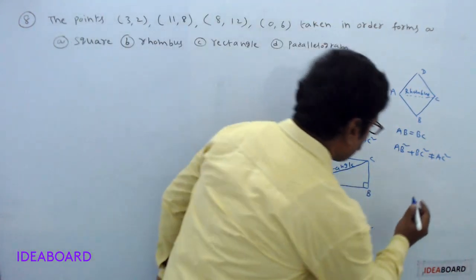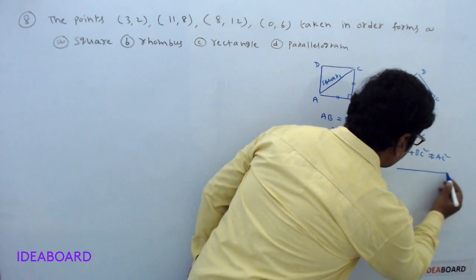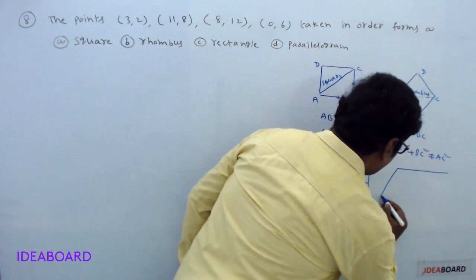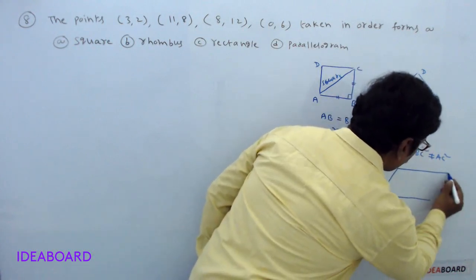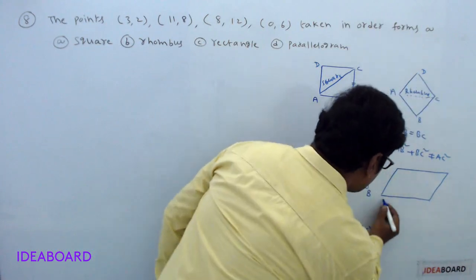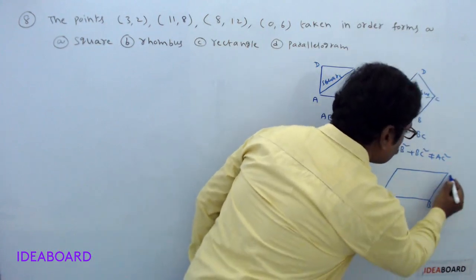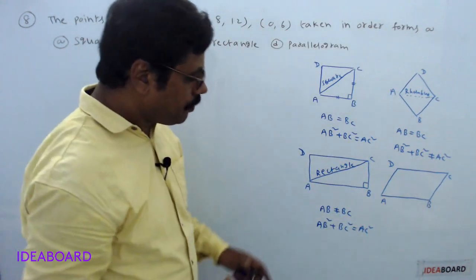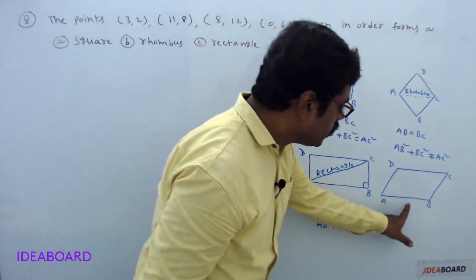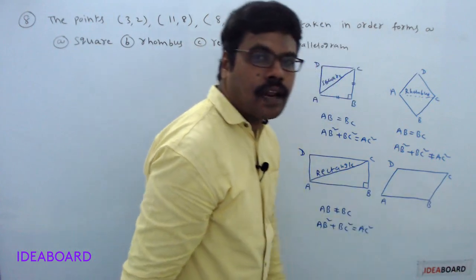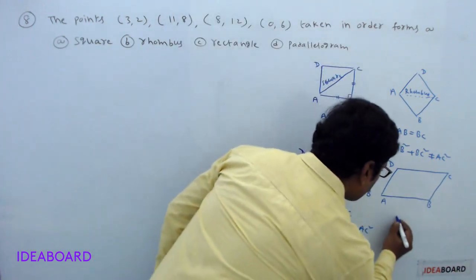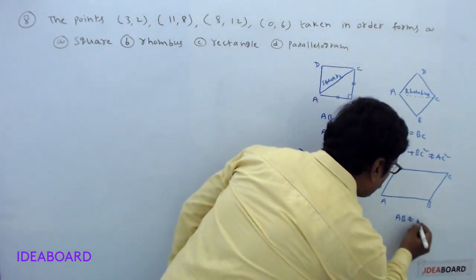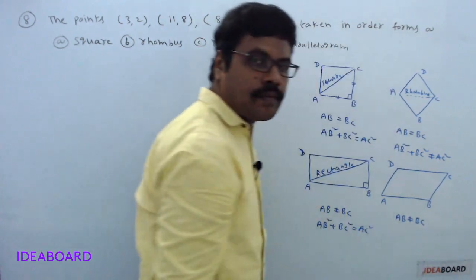Then come to the parallelogram. Suppose A, B, C, D are the vertices of a parallelogram. So in a parallelogram, adjacent sides are not equal. So AB is not equal to BC.